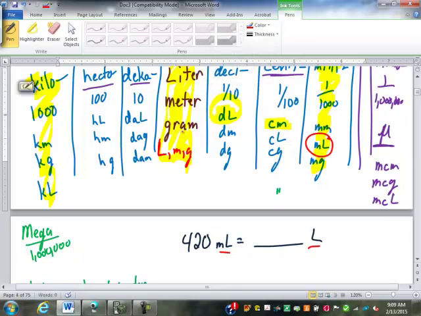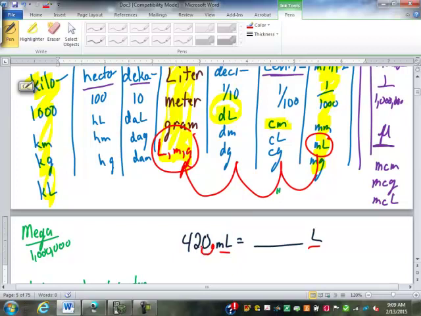To get to liters, I have to go 1, 2, 3 spots to the left on my measurement chart. To make my conversion, I come to my number, the decimal point's at the end, and I have to move 1, 2, 3 spots to the left on my number. That becomes 0.42. What do you think? Not so bad?